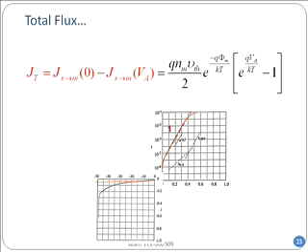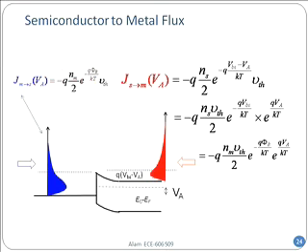In this case, this is the current at non-zero bias, right? At zero bias, VA should be equal to 0, and in that case, because of detailed balance, the metal to semiconductor and semiconductor to metal currents must be the same. So if you hide this VA part, you can see this is the metal to semiconductor part. And therefore, when you have the applied voltage, you bring back this exponential.